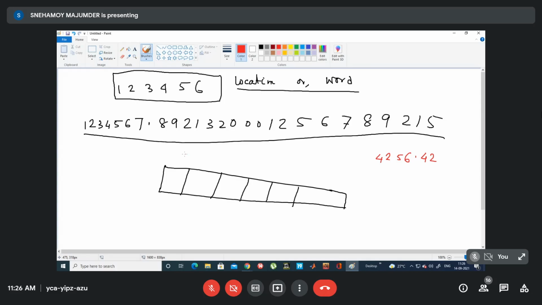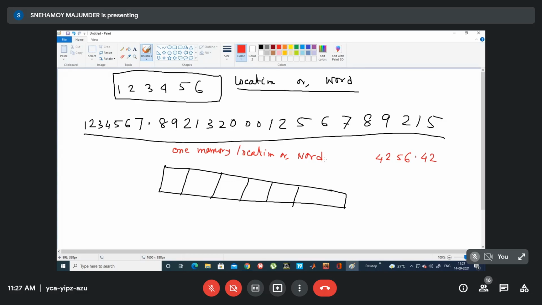So this is one memory location, in computer nomenclature, and you have to understand this memory location can store only 6 digits along with the plus or minus and decimal sign.